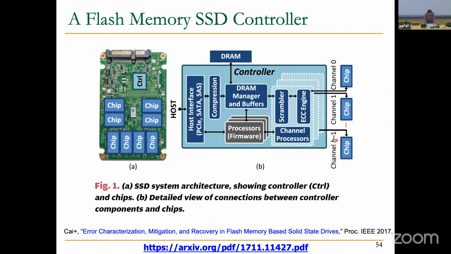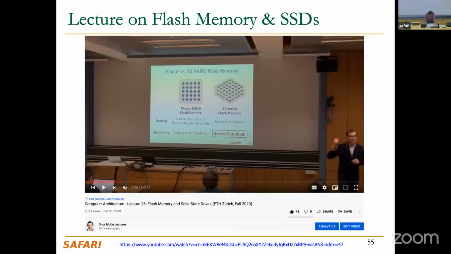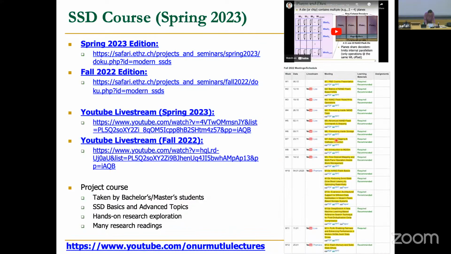We built infrastructure that allows us to test these flash memory-based SSD chips. We have lectures on flash memory and SSD as a storage technology, and also courses where you get to participate in hands-on research projects that concern SSDs.